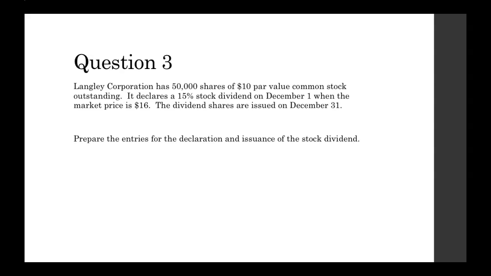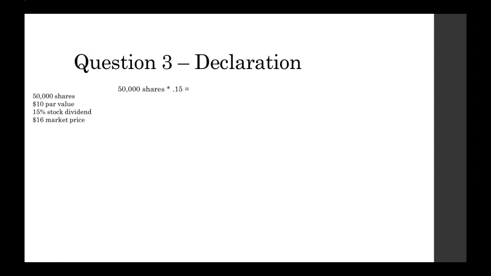Now, before we can work on these entries themselves, there's a calculation that needs to be done. We need to figure out how many shares we are giving away in the stock dividend, right? So we're told that it's a 15% stock dividend. So we take the number of shares that we have outstanding, that 50,000, and we multiply it by 15%, or by 0.15.